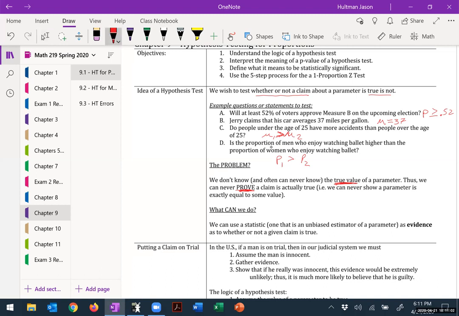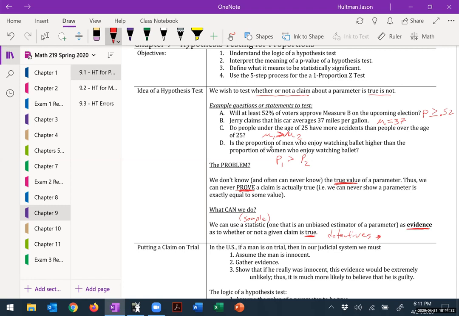What can we do? We can use a statistic, an unbiased estimate of a parameter, as evidence. Remember, a statistic comes from a sample. We use it as evidence of whether or not the given claim is true. We're basically statistical detectives.